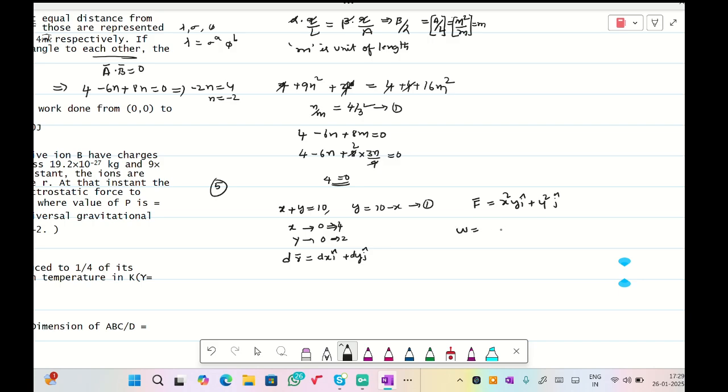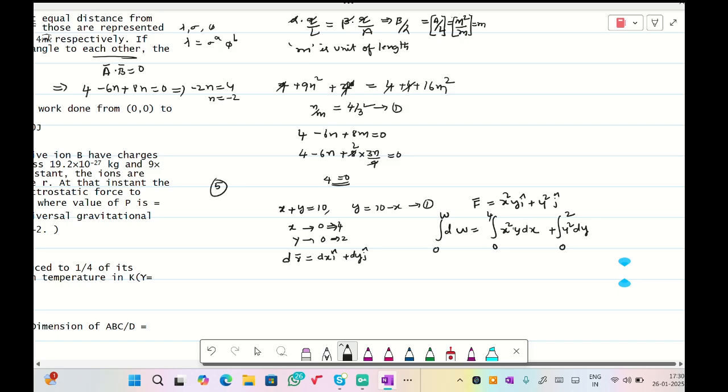Now work done: dW is equal to integral of F dot dr, that is x square y into dx plus y square dy, with y from 0 to 2, x from 0 to 4, and W from 0. Since y appears in this equation, substitute y: that equals integral 0 to 4 of x square into (10 minus x) dx, plus integral of y square dy. Here no need to change again: y cube by 3, upper limit minus lower limit.